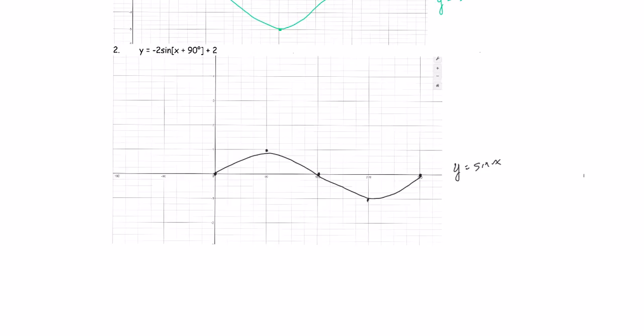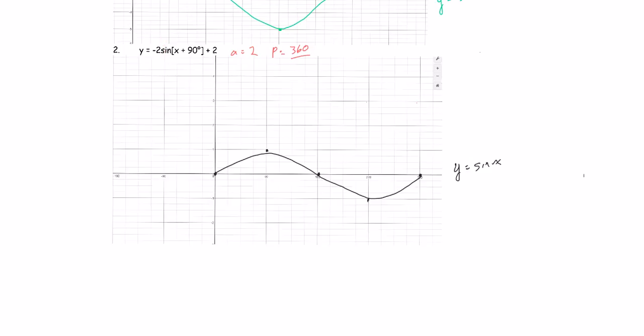The next thing that we have to do is make sure that we identify all the key ideas. The amplitude, the A value, is going to be 2. The period is just 360 divided by, if you take a look here, there's no value in front of this bracket.